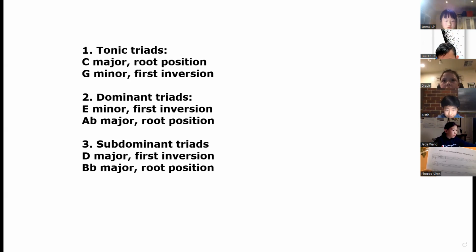Okay, Phoebe, is that meant to be a flat for the second one on B? Because G minor, remember, has B flat and E flat as key signature, so don't forget to include those.